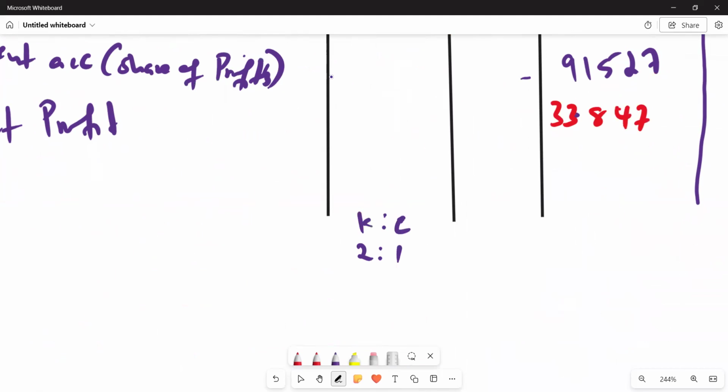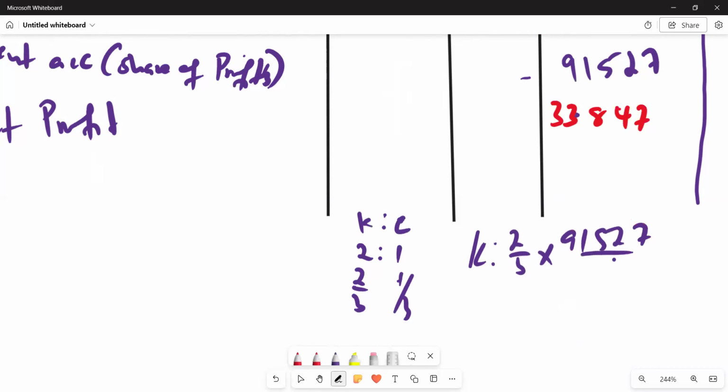Obviously we want the total there: 2 plus 1, we get 3. So for Kate, we are going to say 2/3, and for Corey, 1/3. Let's start with Kate, whereby we are saying 2/3 times the figure that is supposed to be shared, 91,527 over 1.